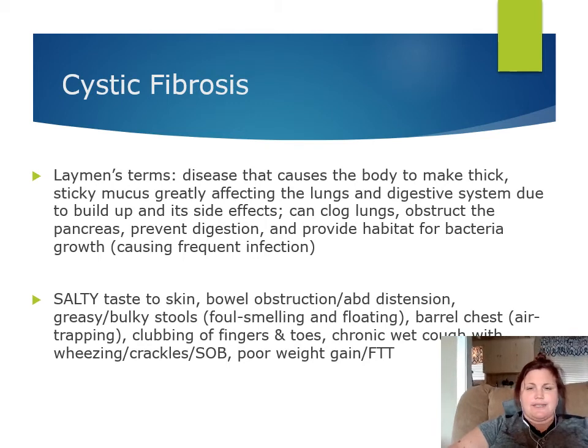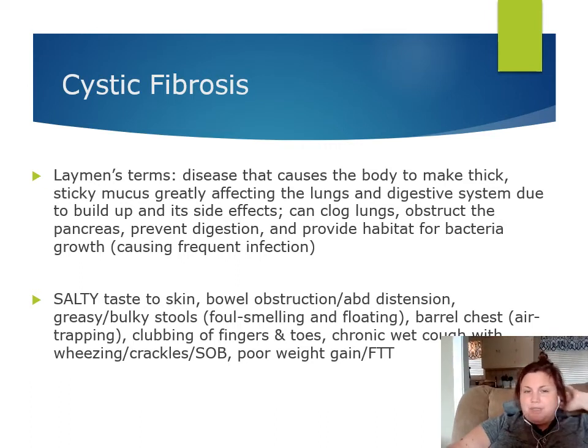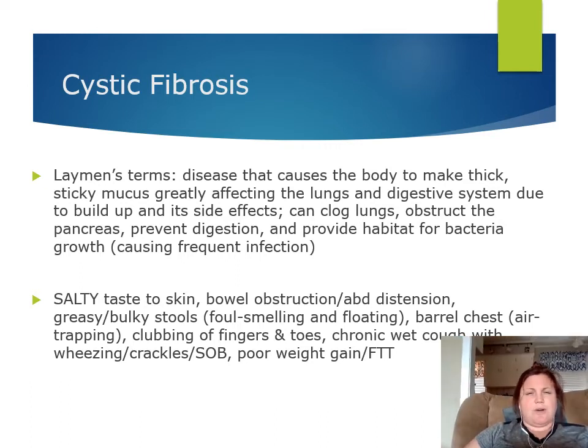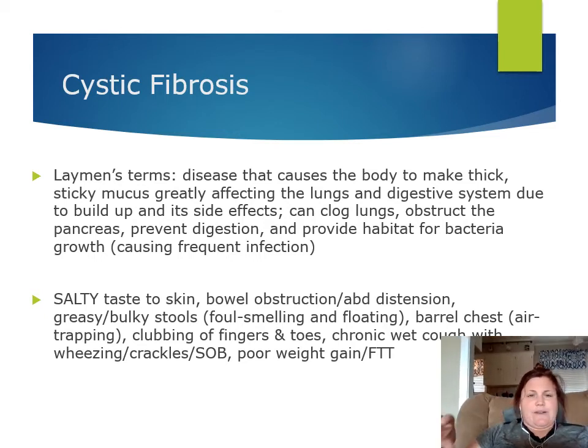Cystic fibrosis. I've provided you a definition that I got from literature, trying to put it in layman's terms, because otherwise it can be overwhelming to understand. So cystic fibrosis is a disease that causes the body to make thick and sticky mucus throughout the body.